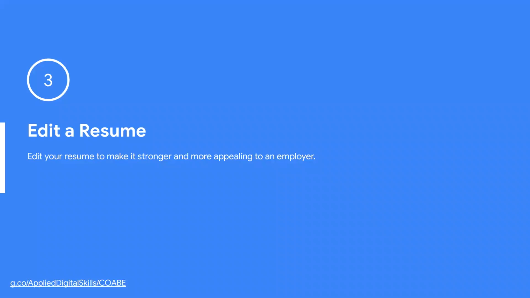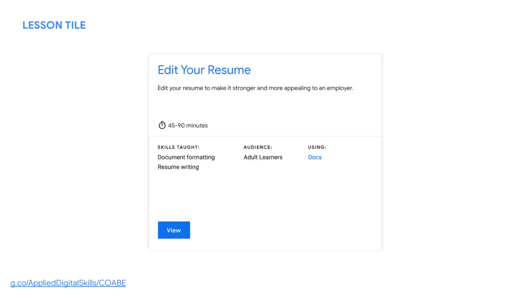Awesome. So just to be mindful of our time as well, the next lesson that we're going to dig into a little bit is called Edit a Resume. Once your students actually have a resume, this takes that next step to help them edit their resume to make it even stronger and more appealing to employers. Again, this can be done in as little as 45 minutes.